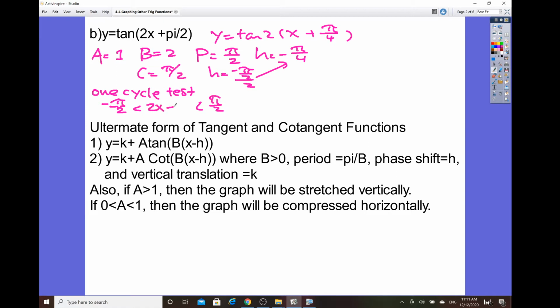So 2x plus pi over 2, so subtract pi over 2. You'll get negative pi less than 2x. Subtract pi over 2, you'll get 0, because negative pi over 2 minus pi over 2 is negative pi. Divided by 2, so negative pi over 2 less than x, less than 0.